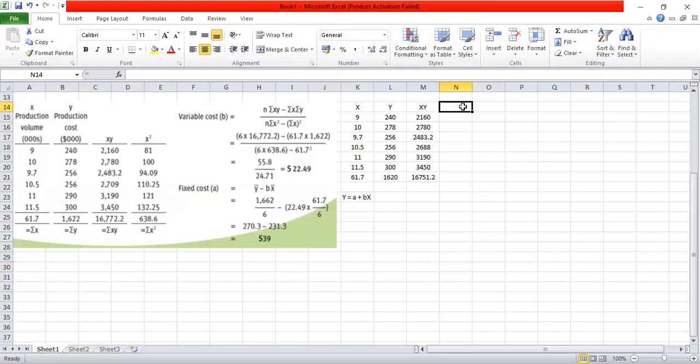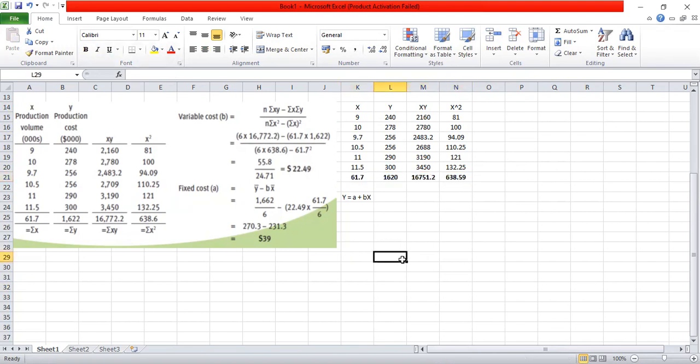Find out what x square is. So these are all sigmas, I'll just highlight them and put them in bold.